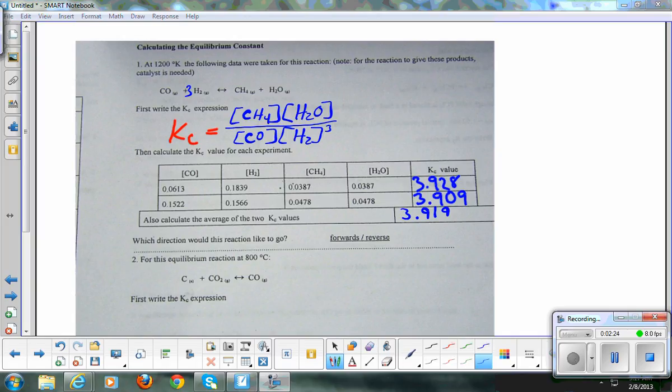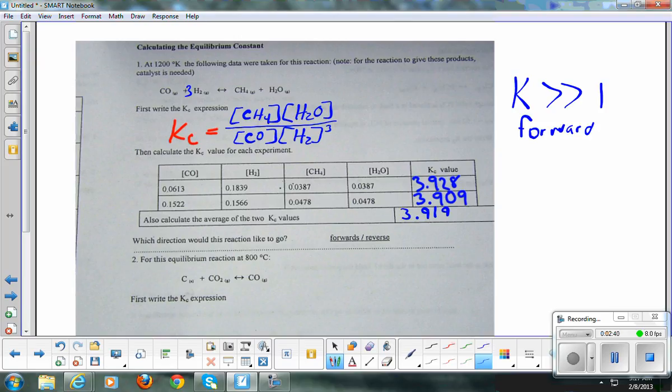Okay, as we look at this, a couple of things we need to know to be able to answer the next question. If K is bigger than 1, then it's going to go forward in the reaction. If K is the other way, less than 1, but bigger than 0, then it's going to go reverse.